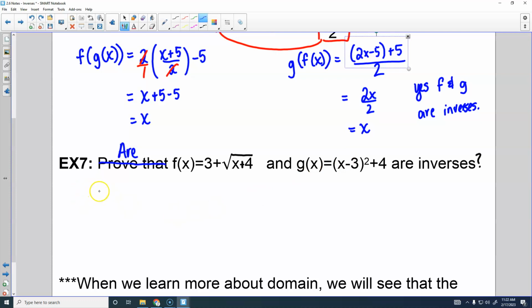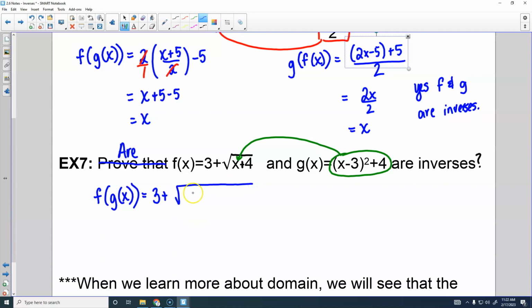So if I do f of g of x, that means I'm taking all of this stuff right here and I'm plugging it in right there for that x. I'm going to get 3 plus the square root of x minus 3 squared plus 4 plus 4, right?